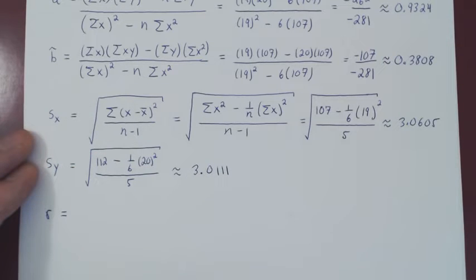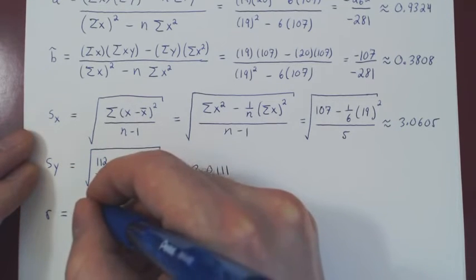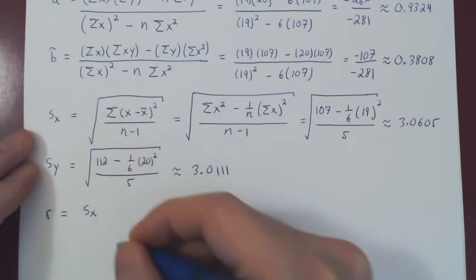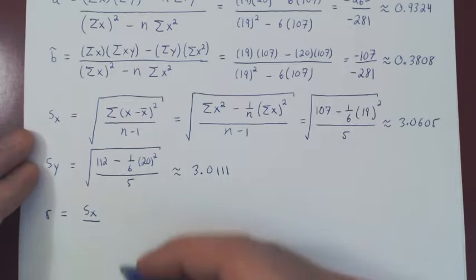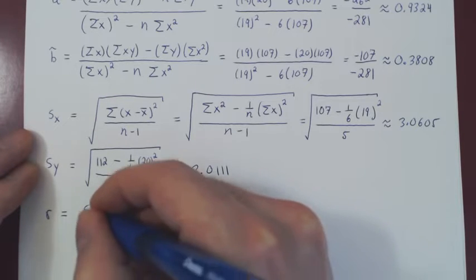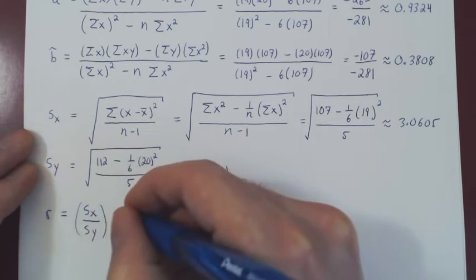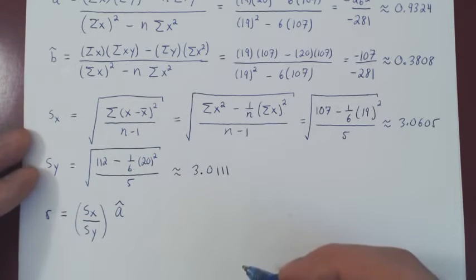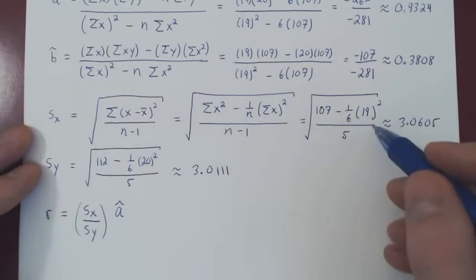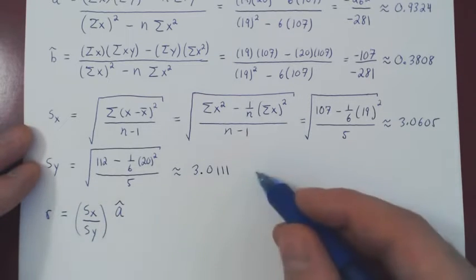If you have found a hat, r is simply going to be the standard deviation for the sample of x values over the standard deviation for the sample of y values, and all of this times the slope of your line of least squares. And we have all three. We have sx, we have sy, and a hat.